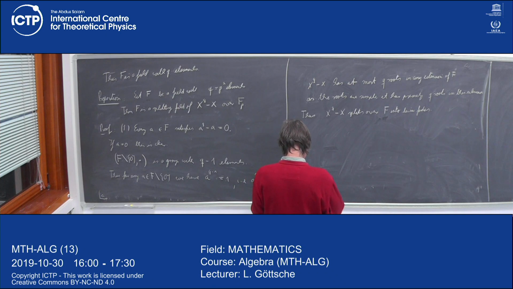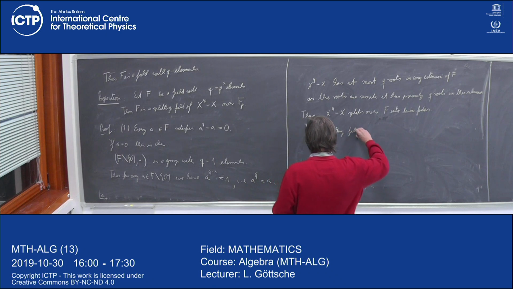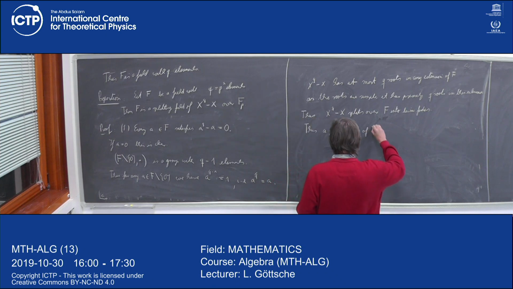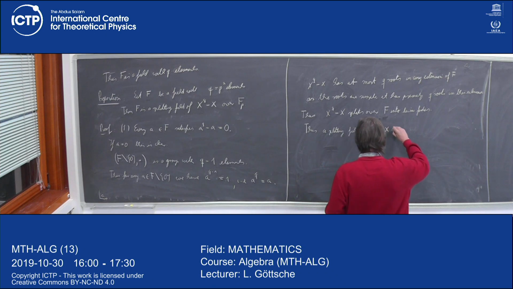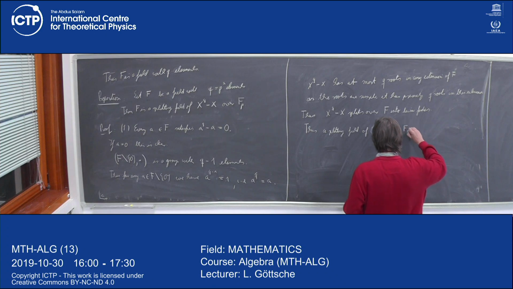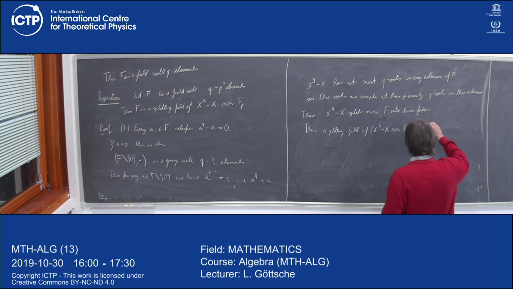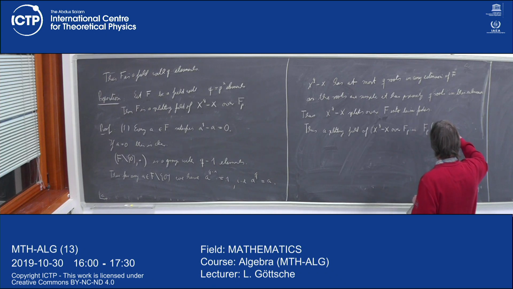So that means the splitting field of x to the q minus x over F_p is in some sense F_p with the roots of this polynomial added.